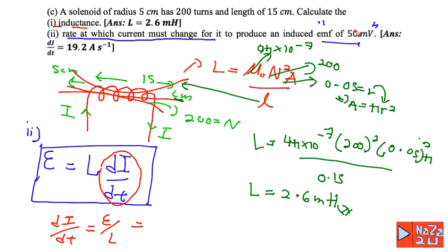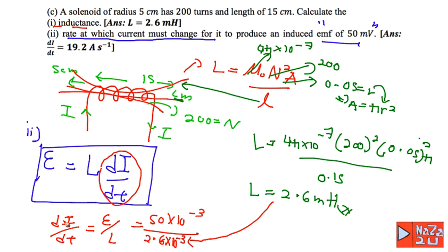So the EMF is 15 millivolt, times 10 to the power of minus 3, and L is the answer from question number 1, so 2.6 millihenry, where milli is times 10 to the power of minus 3.